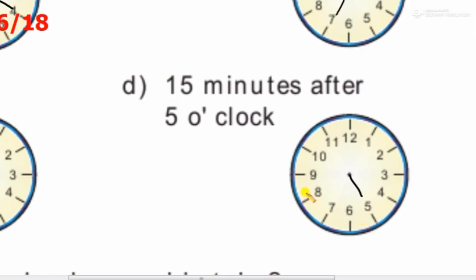So for 15 minutes we have to think again of a number which when multiplied with 5 gives 15. So it is 3. 3 fives are 15. So the minute hand should be pointing towards 3. So this is the time of 5:15 or 15 minutes past 5, or we can say quarter past 5.